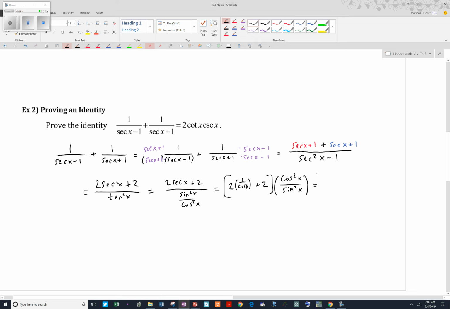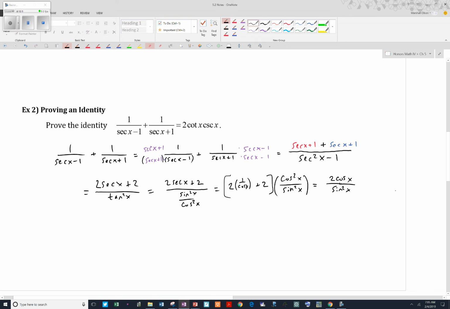When I do that, I'm going to have 2 over, when I multiply this to this one, that cosine squared is going to cancel out with the cosine down here. Now, you don't have to show that, but just know that that's what's happening. So what I'm going to be left with is 1 cosine of x over sine squared of x.